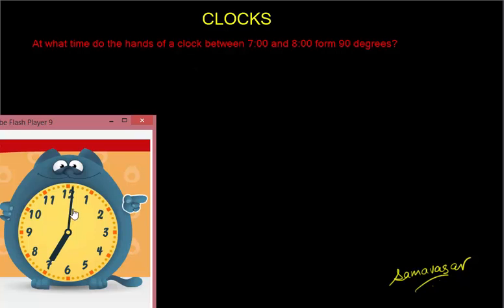Now when I start moving the minute hand, this is only for your visualization. Somewhere here, approximately this angle is 90 degrees. So what you need to see is that relatively the hands of the clock have shifted by how much?